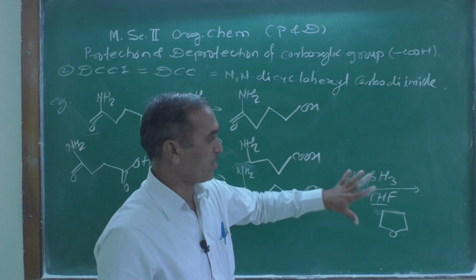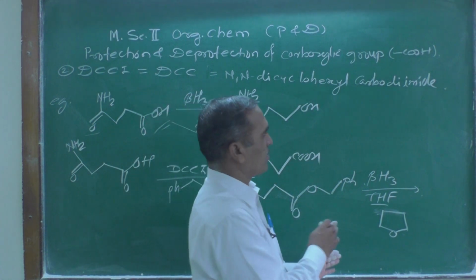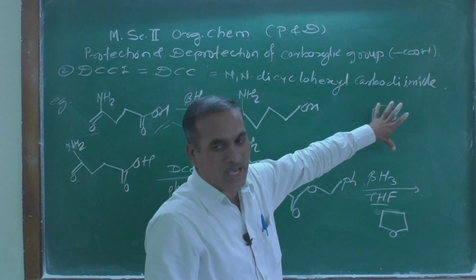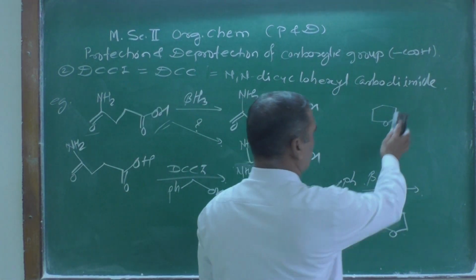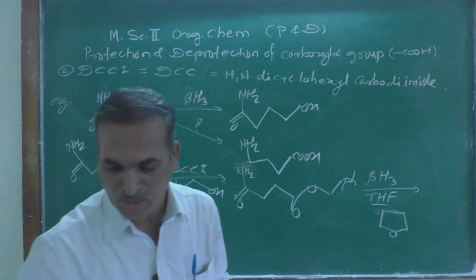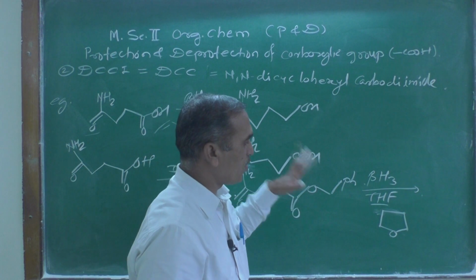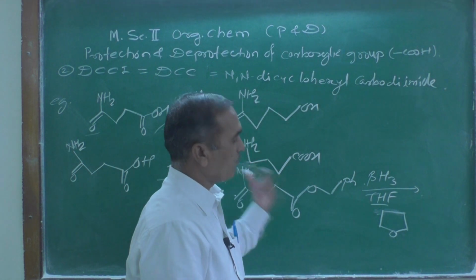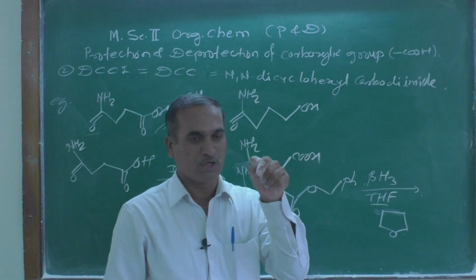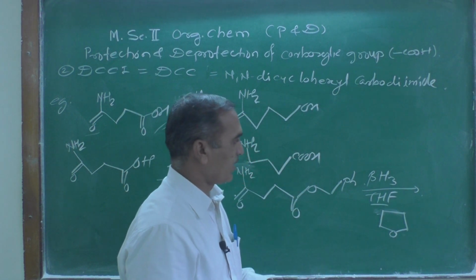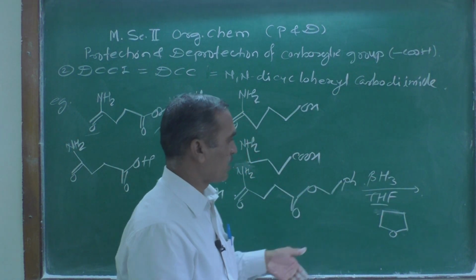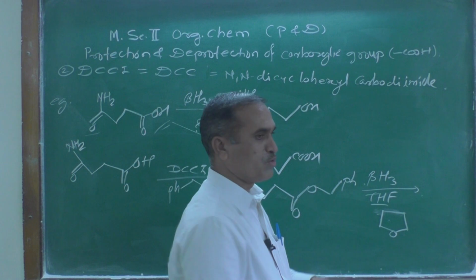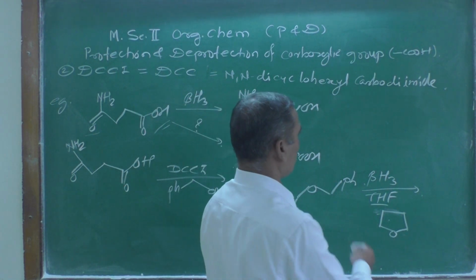This is the structure of tetrahydrofuran, and if you watch that lecture carefully, you will come to know that. Here, look at the structure of tetrahydrofuran, it is used as a solvent for the reaction. And what do you get?